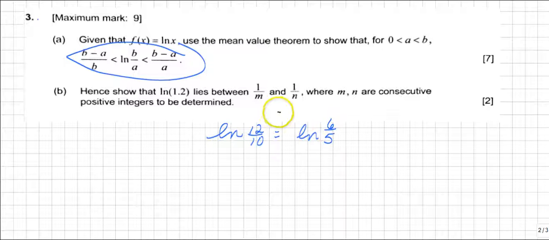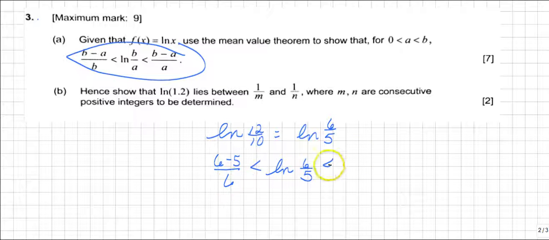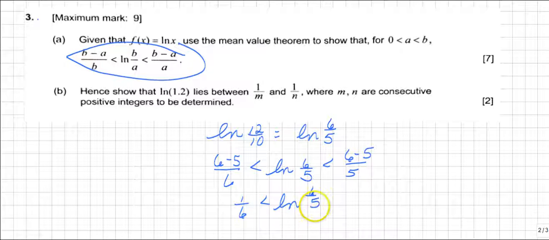Now, according to the previous result, the natural log of b over a, there's b over a, is in between b minus a over b, which would be 6 minus 5 over 6, and b minus a over a, which is 6 minus 5 over 5. And we'll just clean this up and we get 1/6 less than ln of 6 over 5, less than 1/5.